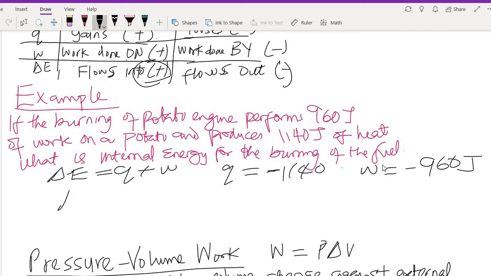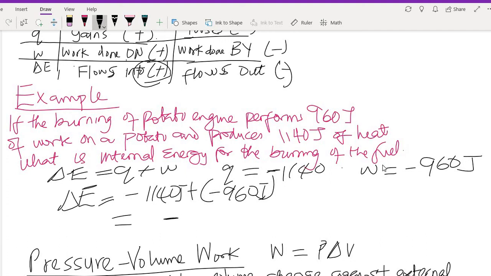Therefore, our change in internal energy is going to be negative 1140 plus negative 960 joules, which gives us negative 2100 joules.